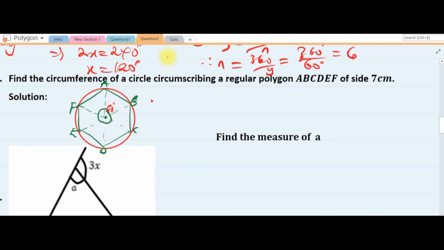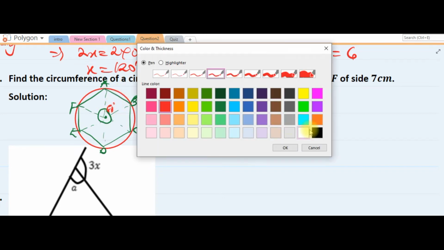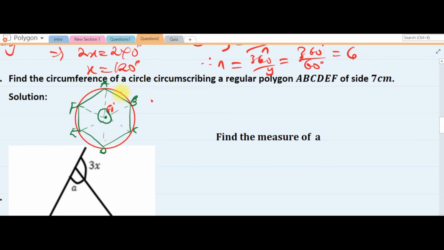And they told us that the length of the side of the polygon is 7. So this is 7 cm. Let's call the center O. So AO and OB must be the same, by the isosceles triangle theorem, because this is the radius.